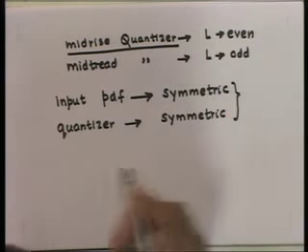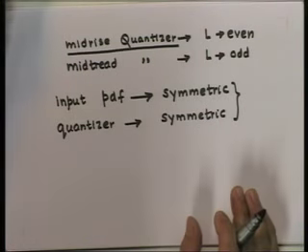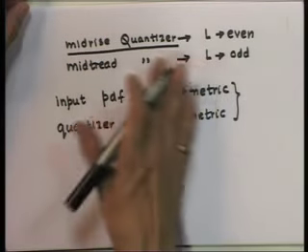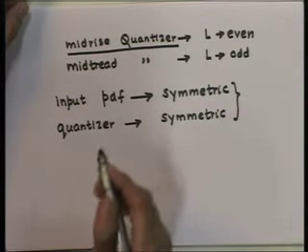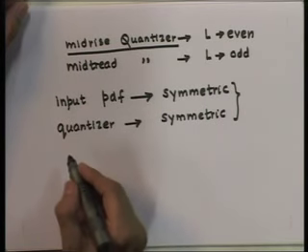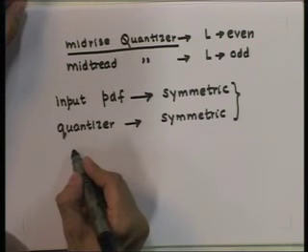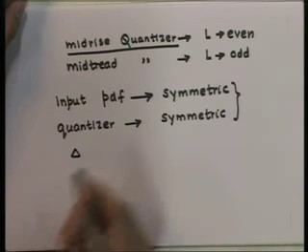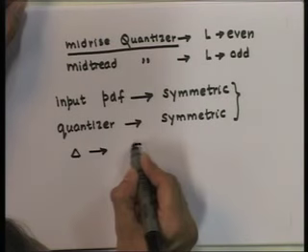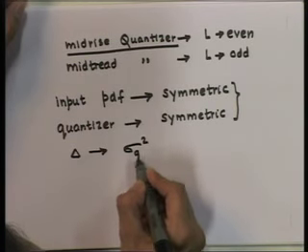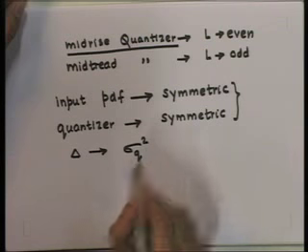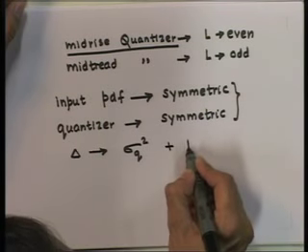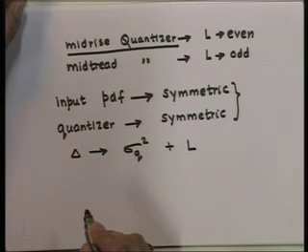This will simplify our discussions. Now, given all these assumptions, the design of a uniform quantizer consists of finding the step size delta that minimizes the distortion for a given input process and number of reconstruction levels L.